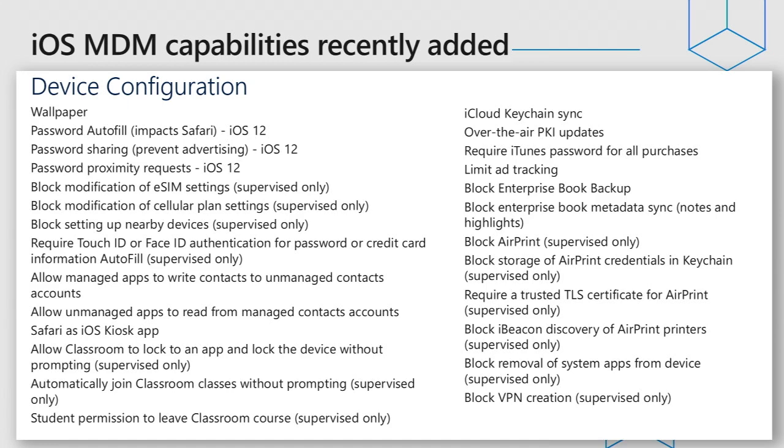But to me, this list is really not about one or two settings. This, to me, represents the investment that we're putting into our Apple ecosystem. We want to make sure that Intune is your preferred vendor for MDM on Apple devices, and this is just the beginning of this journey. So these are things that have come out over this past year, but I promise you next year you'll be looking at an even bigger list.